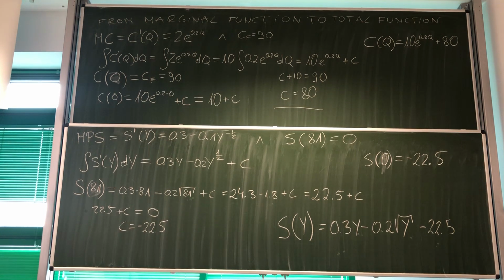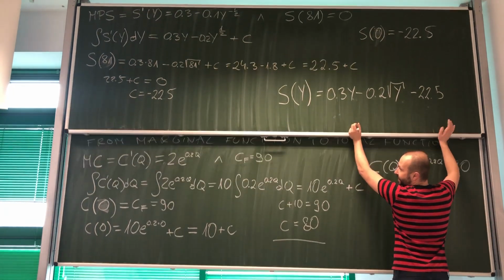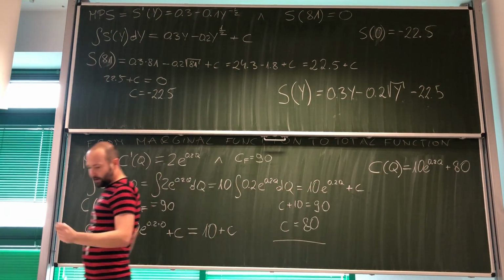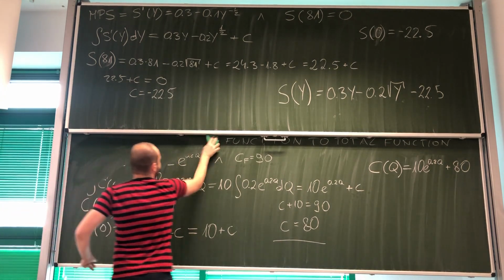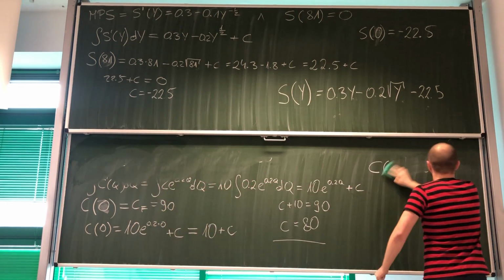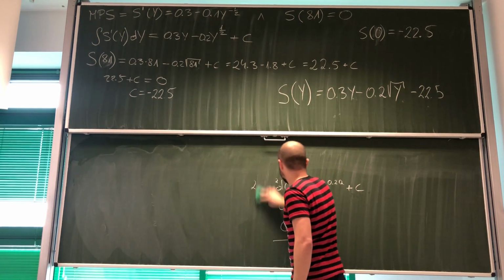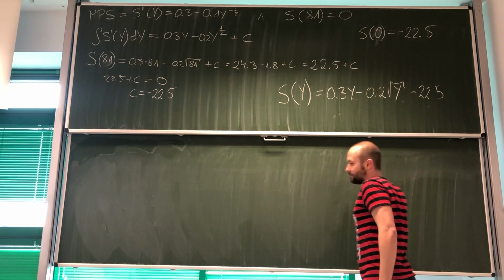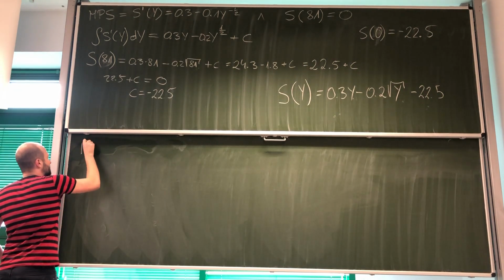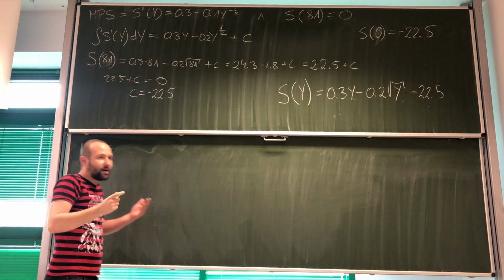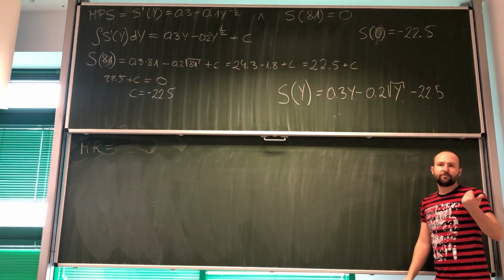Okay, so now let's go back to microeconomics examples. And in these microeconomic examples, we're going to use marginal revenue. Okay, so now we've got marginal revenue, and again, marginal revenue is the first derivative of total revenue.